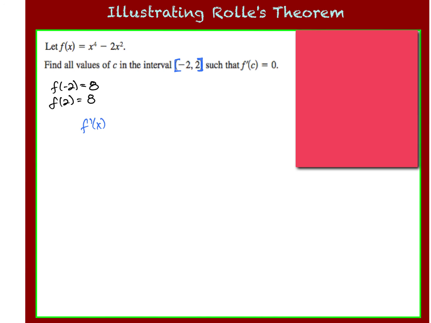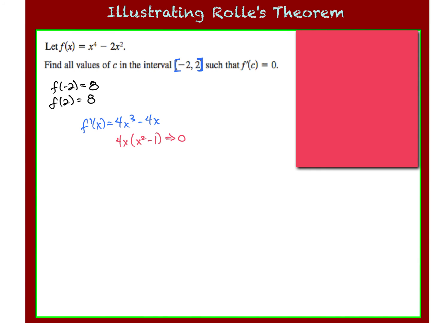So f prime of x is equal to 4x cubed minus 4x. So what am I probably going to do with that thing? Factor it up. So I take out a 4x and, what am I left with? x squared minus 1. And I'm going to set that thing equal to 0. Now, we're using Rolle's theorem, so we're going to set it equal to 0, but truly, we might be setting it equal to 0 because the slope between those 2 points is 0.